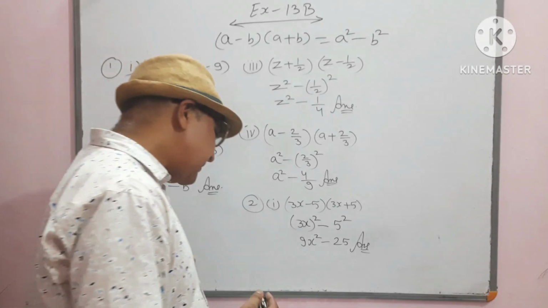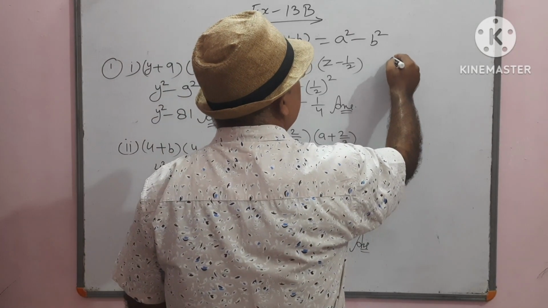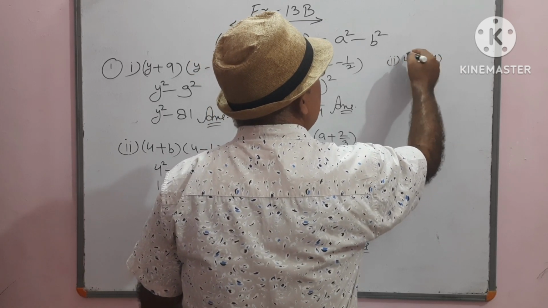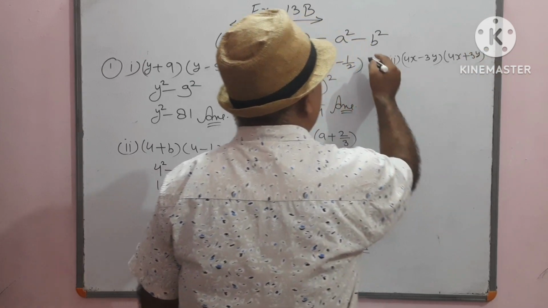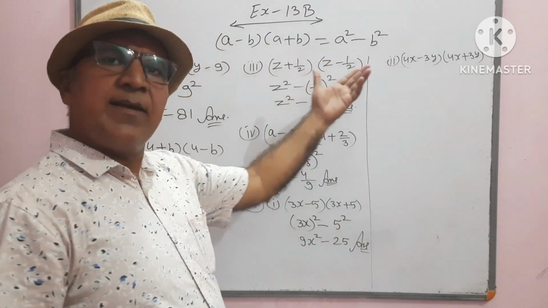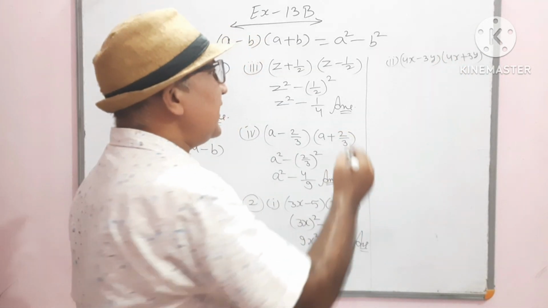Okay, now see the second part. Question number 2, second part is (4x minus 3y) into (4x plus 3y). See, again the same thing, a minus b into a plus b. So what will be the identity?